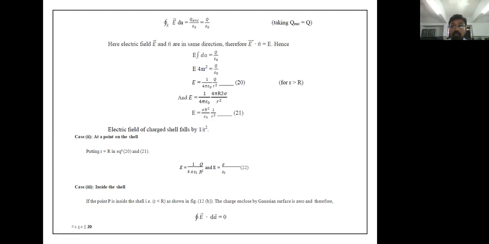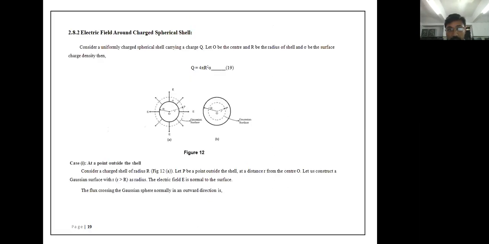Now we want to calculate the electric field inside the spherical shell. So if point P is inside the shell, that is small r is less than capital R. Now small r, which is the distance from the center to point P, is less than R. R is the radius of the sphere, as shown in figure 12b. Now the charge enclosed by the Gaussian surface is 0. First we look at figure 12b.